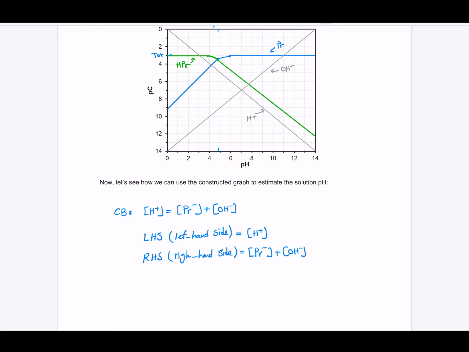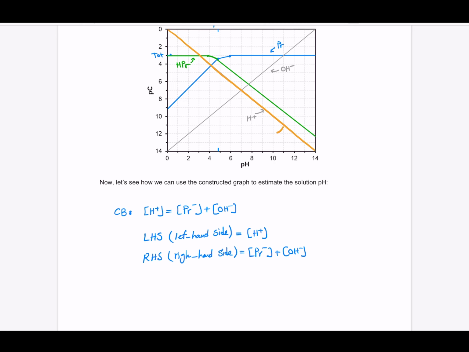So left-hand side is pretty simple. It's basically the H plus line. So this would be the H plus line. And then this would be the H plus line. So this was also, oh, sorry, this is OH minus line. So this we should need to H plus line.